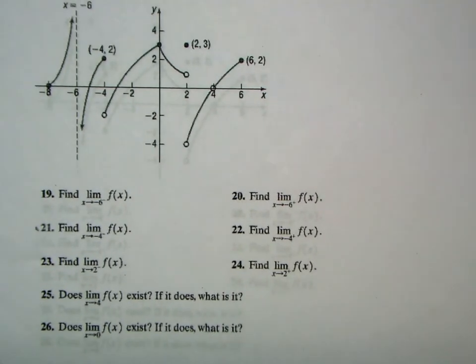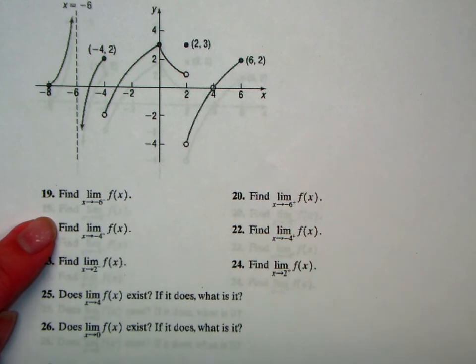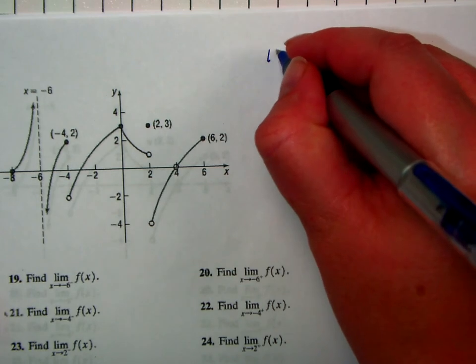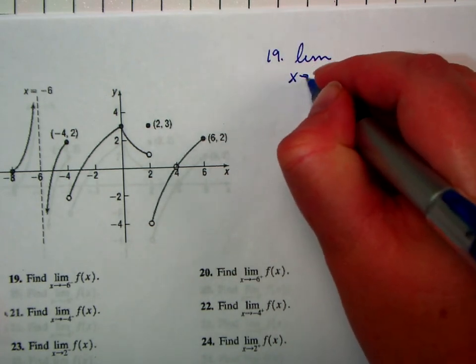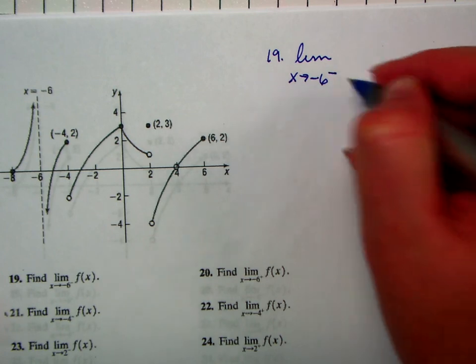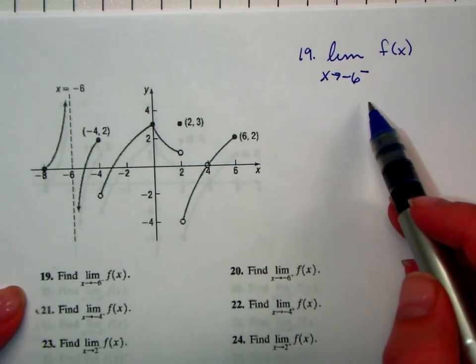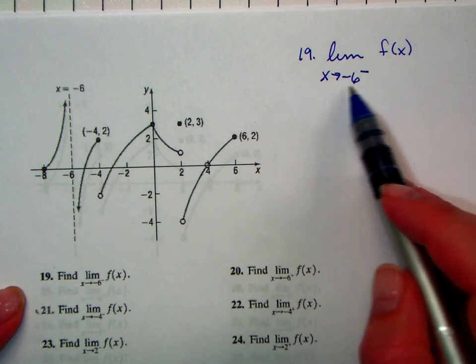Right? So the first question, if you can't read it, is x approaching -6 on the negative side. Right? So let me go ahead and write that up here. 19. The limit as x approaches -6 on the negative side. Right? So we're going to look at only the left-hand side of -6.